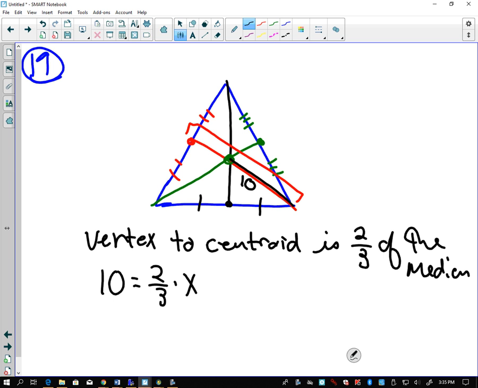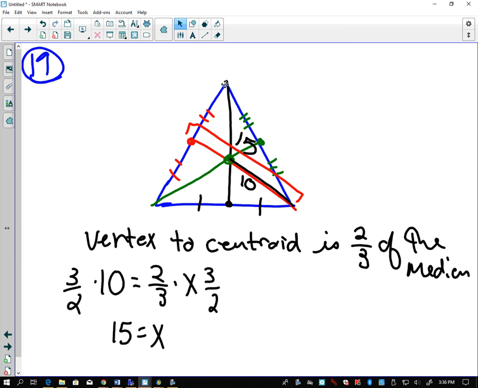The "of" is being my multiplication. If I want to undo 2/3, I can't divide by 2/3, but I can multiply by 3/2. So in this case, I would get 30 over 2, so 15 would be the length of the whole segment. Okay, 10 is 2/3 of 15. Something similar to that would be my work.